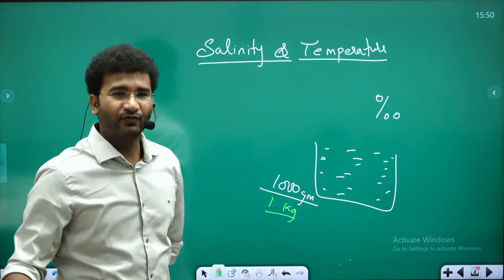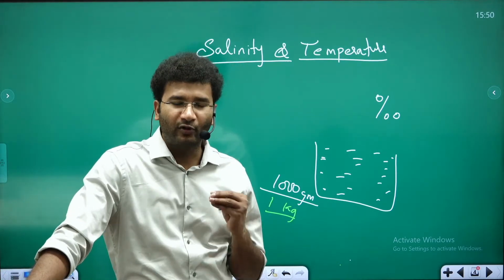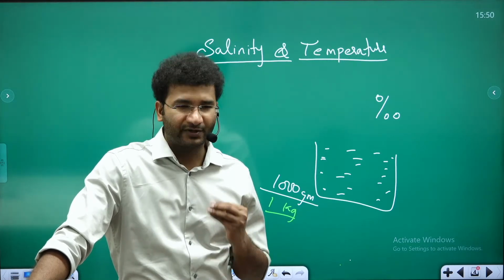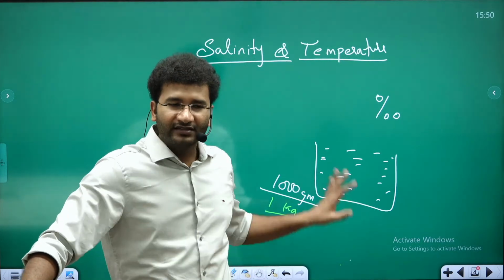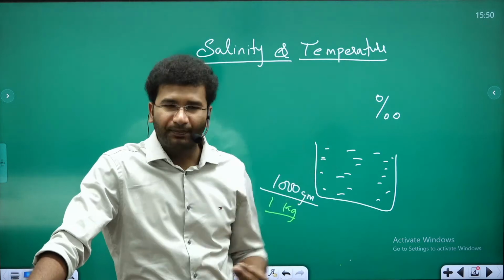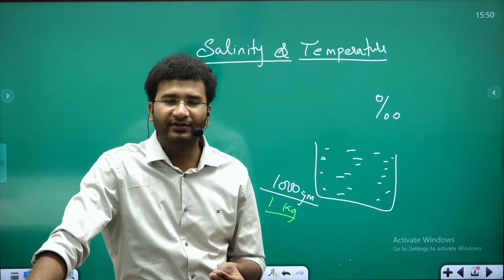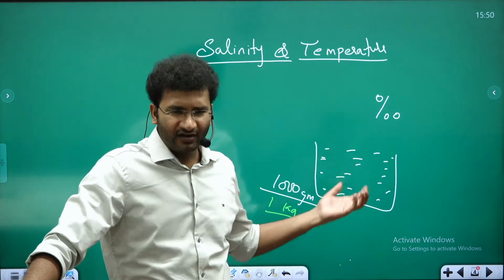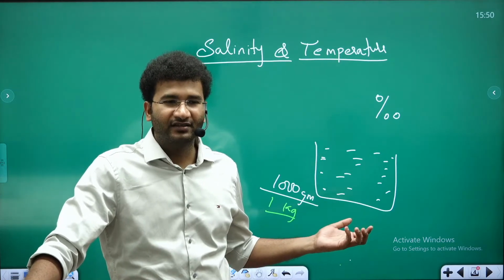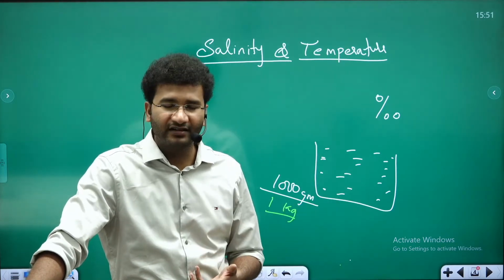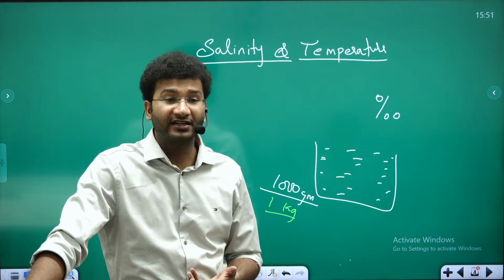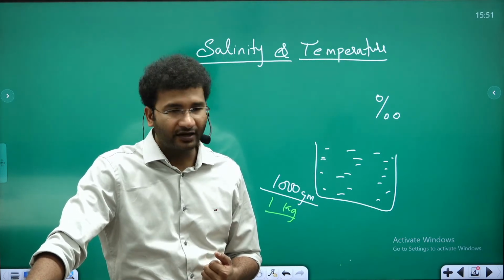And in this 1 kg of water, how many parts is salt? ठीक है? In this 1000 grams or 1000 parts, if 30 parts is salt, that is called ocean water. The ocean salinity is 30 parts per 1000, right?